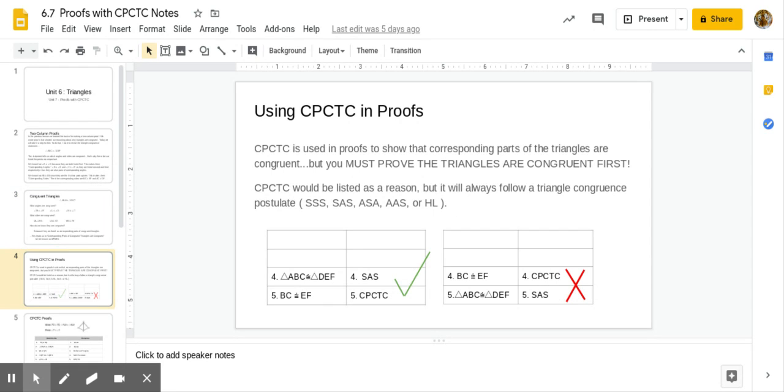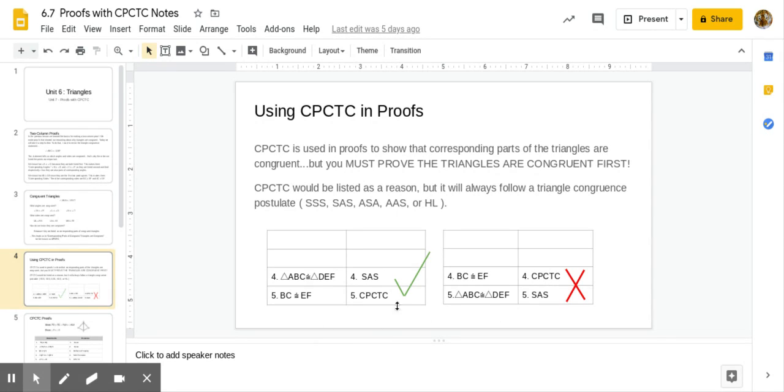Now, CPCTC will be used in proofs to show specific parts of the triangle are congruent to another specific part. But you must prove the triangles are congruent first. CPCTC will only be listed as a reason after you have listed a triangle congruence postulate.